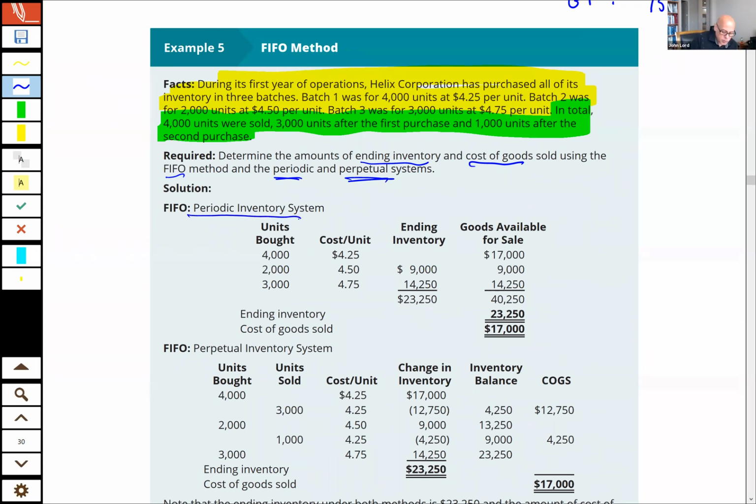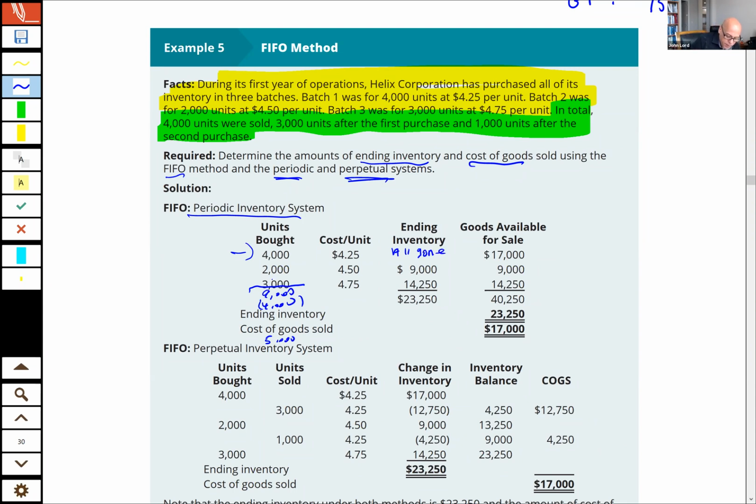Okay. And let's just make sure we are kind of clear on what happened here. So they bought what? 9,000 units? Yep. And they sold what? 4,000? Yep. So they got 5,000 left? Right? Okay, just sort of looking at that. Okay, and what happens? First in, first out, since that was the first batch, we assume those are all gone, they're all sold.